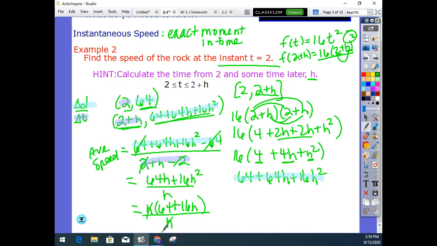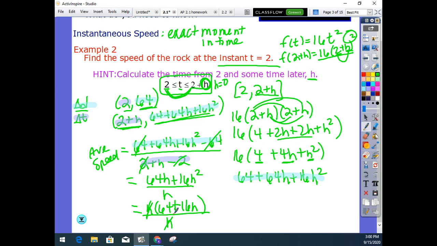Now, let's come back to this interval here. If I want my time to be in between 2 and sometime after 2, what value would h have to be to make this between 2 and 2 exactly? Do you see how if h were 0, t is exactly 2? It's equal to 2 on each side.